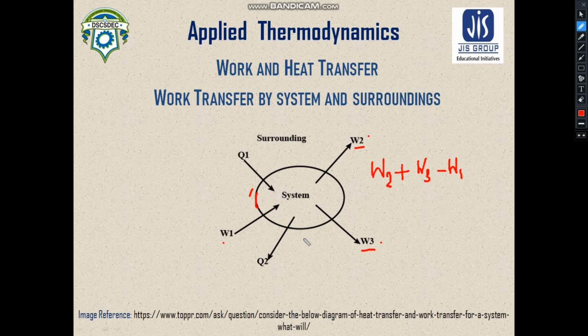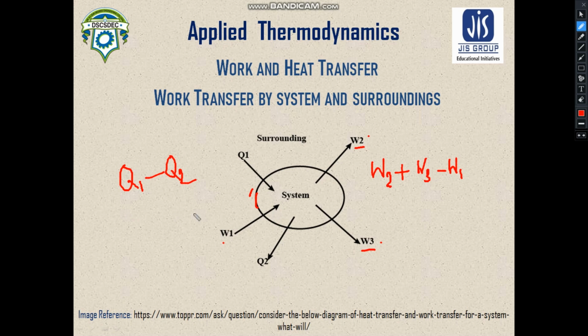Whereas if the heat transfer is going out of the system to the surroundings, it will be treated as negative. So here it will be Q1 minus Q2, because Q1 is coming from the surroundings to the system.